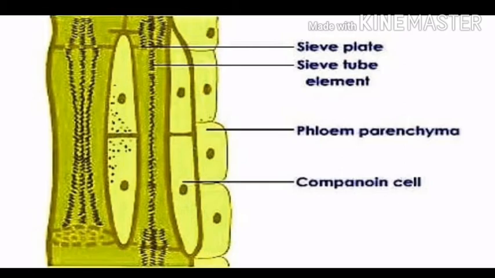The cells of this tissue are also of four types. One of them is sieve tubes, the second is companion cells, the third is phloem fibers, and the fourth is phloem parenchyma. Among all, except phloem fibers, all three are living cells.